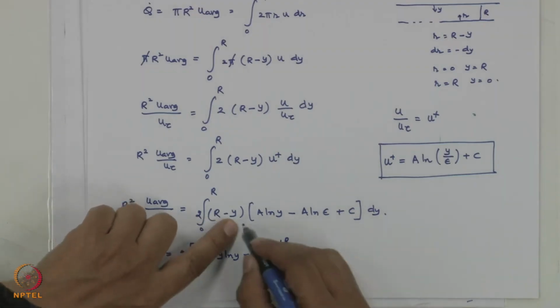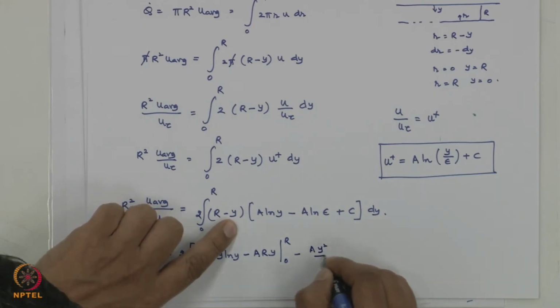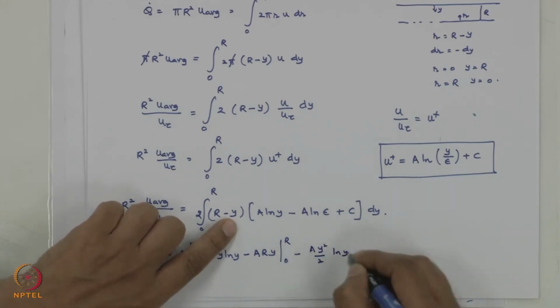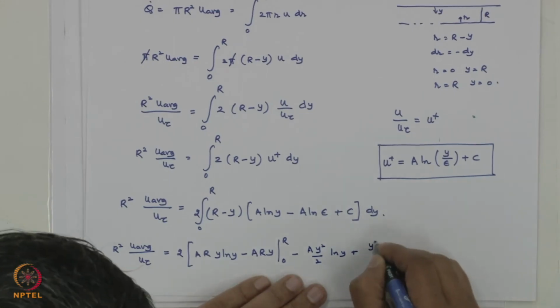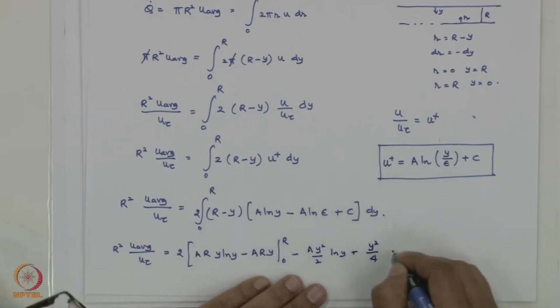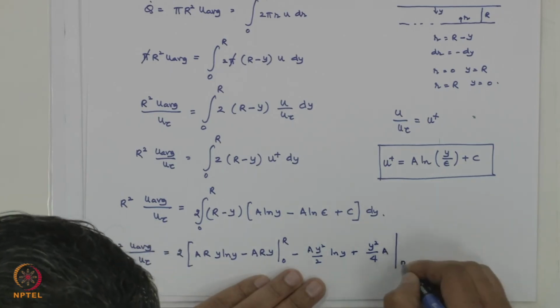Now y log y I have to integrate. So I get a y squared by 2 log of y plus y squared by 4 minus y squared by 4 into a with the limits 0 to R.